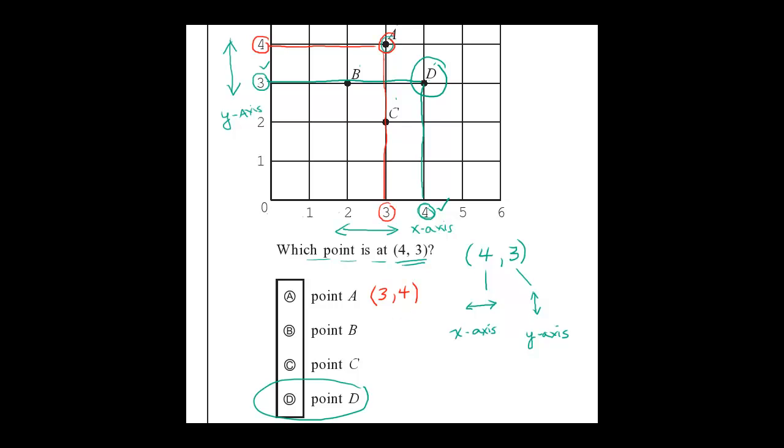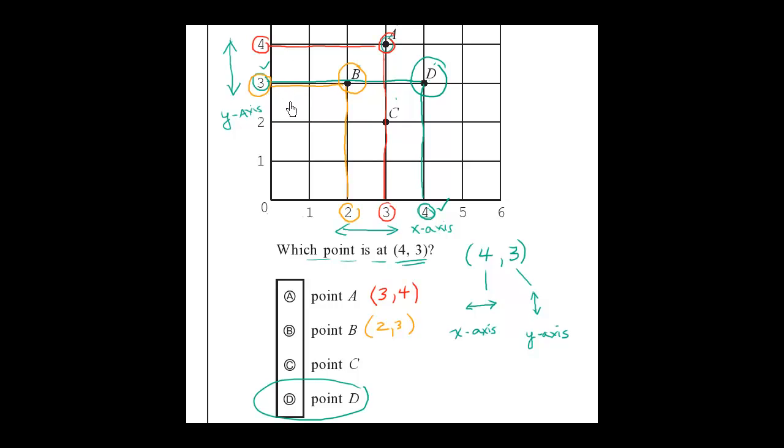Let's try point B. Let's try a new color. Point B, so we'll make that orange. We'll go with the x-axis first. That's 2. And we'll draw this across. That's 3. So point B is 2, 3.